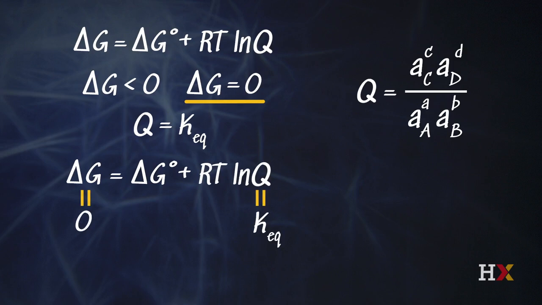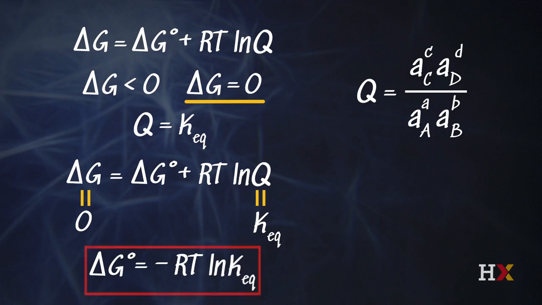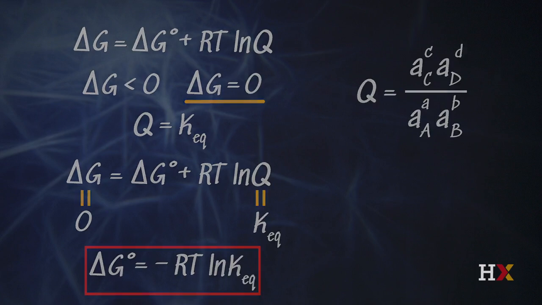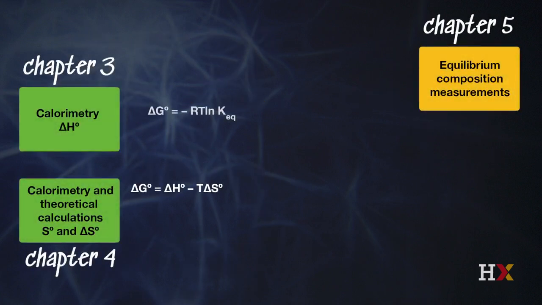And so I can then solve for my delta G under standard conditions, and that's equal to minus RT log K equilibrium. That connects equilibrium chemistry with Gibbs free energy. So that expression couples my delta G with my K equilibrium.